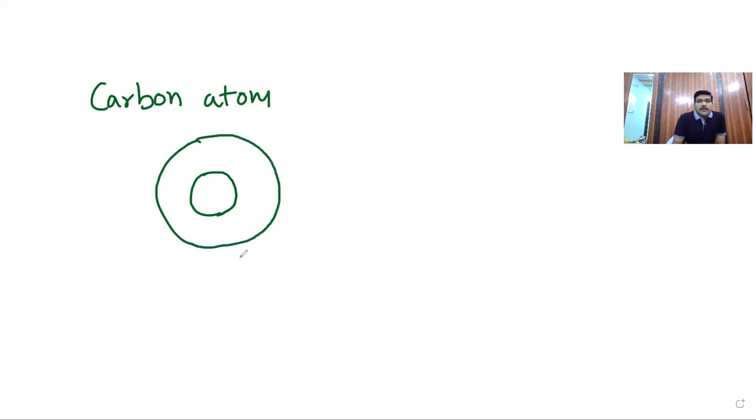This is carbon atom structure. This is the nucleus. This is the orbit. Clear?